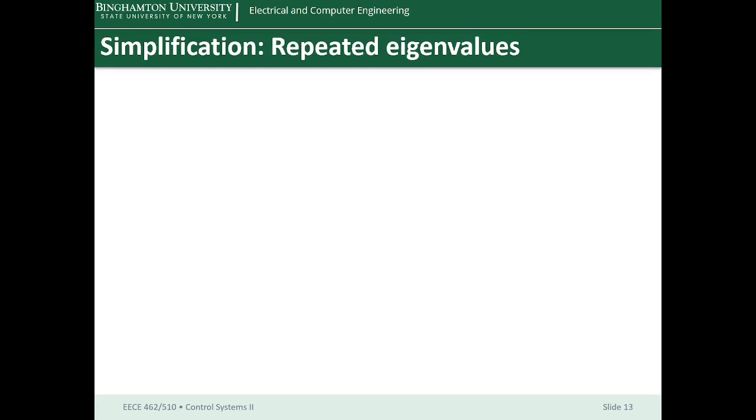Now let's see what we can do when we don't have enough eigenvectors, when the geometric multiplicity is smaller than the algebraic multiplicity. We cannot diagonalize the matrix in the usual way. So to add more vectors and complete our basis, we introduce a new concept, the generalized eigenvector.